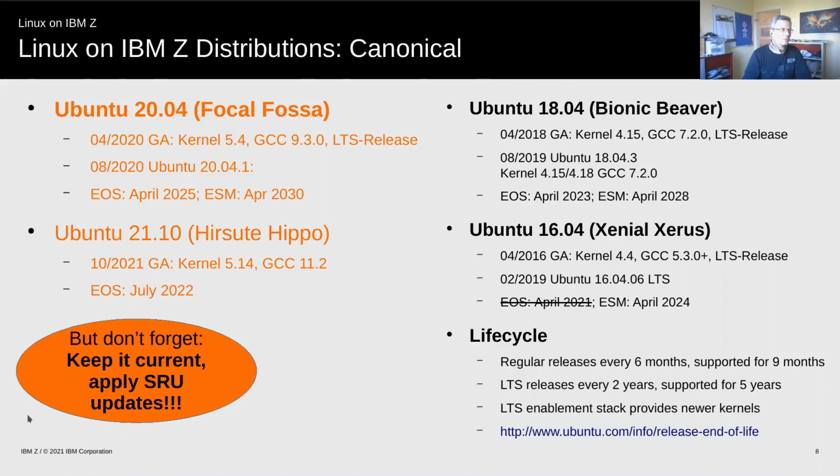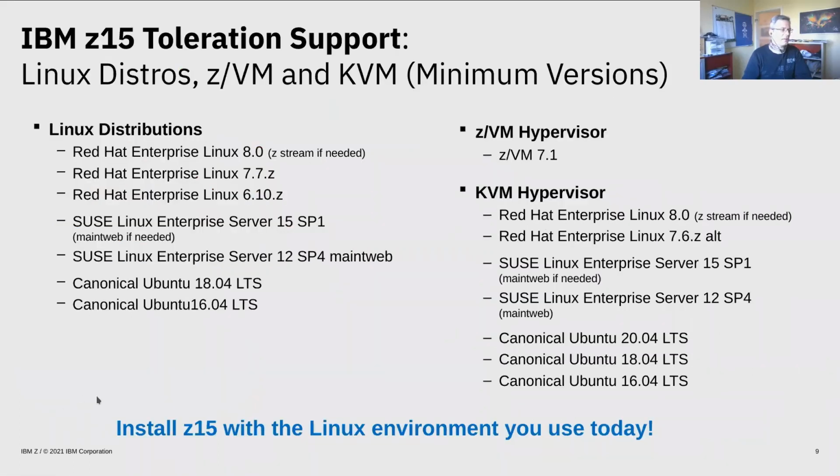Now, related to the Linux distributions and also related to the support matrix I showed you initially, in case you're looking for C15 toleration support in particular, this chart might be of interest to you because this now details which exact service levels you require to run on a C15. Because the support matrix, which I showed earlier, just depicted the major Linux releases, not the service levels.